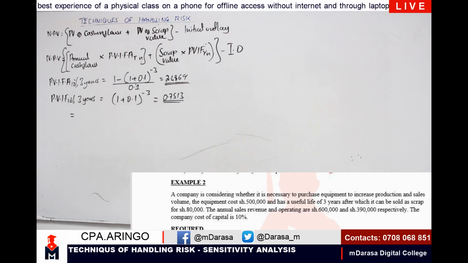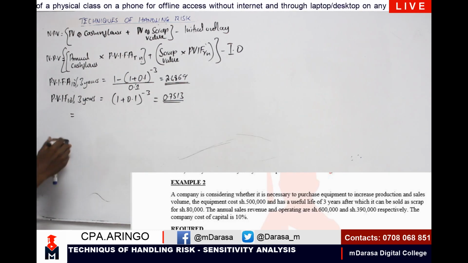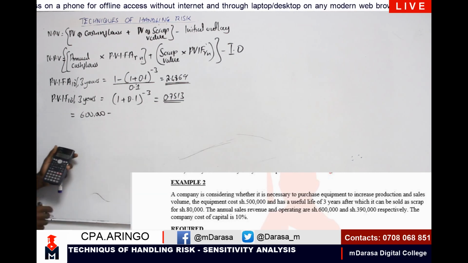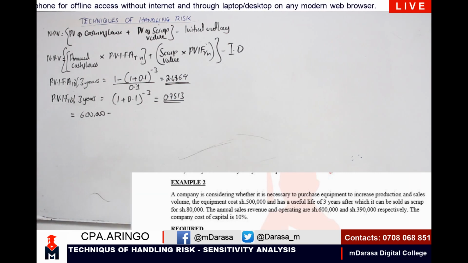Basically, we are told that we had 600,000 which we're generating as revenue, minus our operating cost. In this case, the operating cost you are given 390,000.